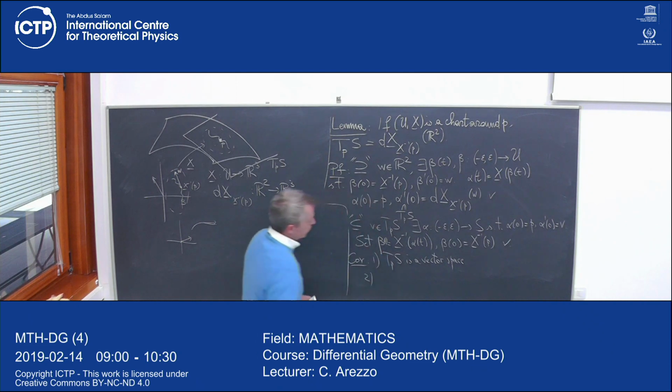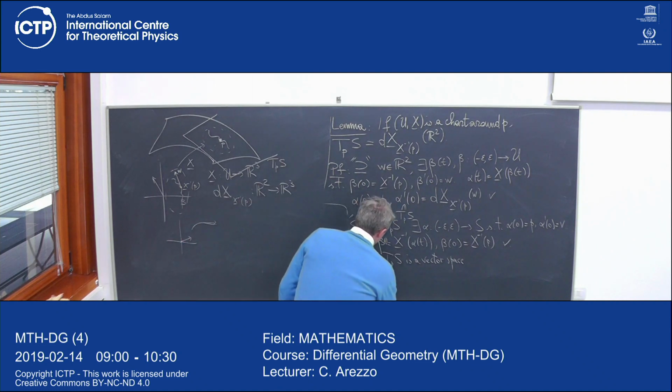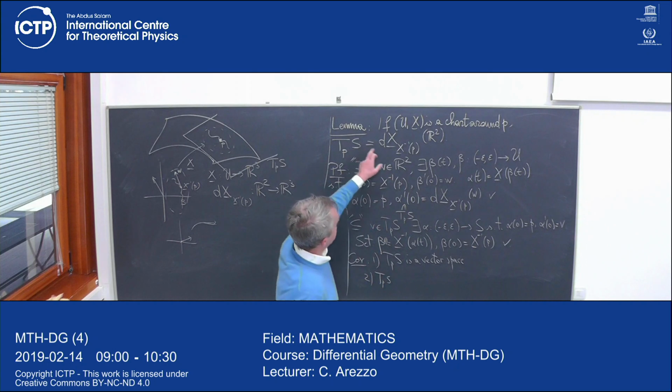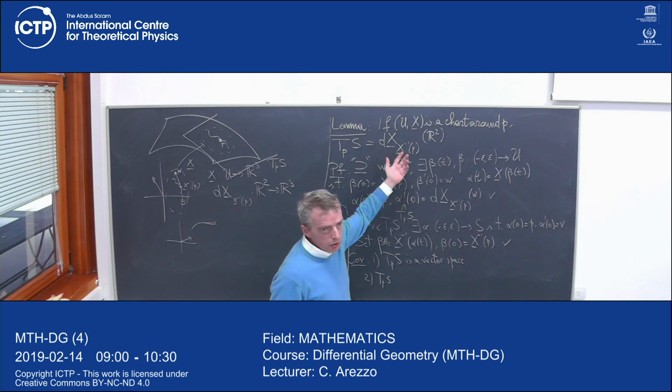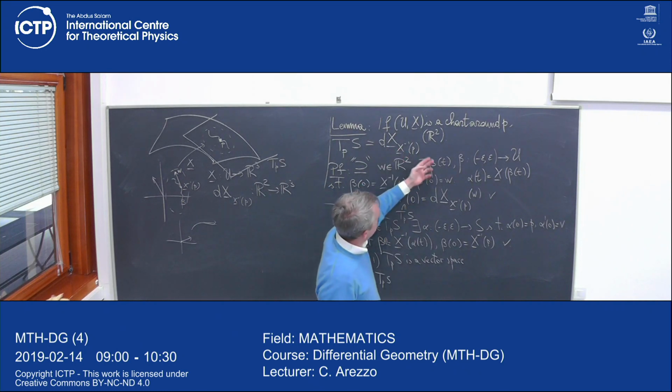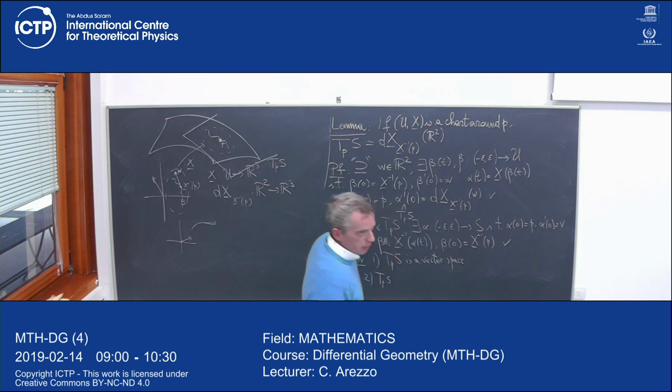Also, in fact, we also have a canonical system of generators in some sense. Given that TPS is the image of this map, if I want a basis of this vector space, how can I produce it? Take a basis of R2 and send it through the differential of the map, as we argued last time or two times ago.